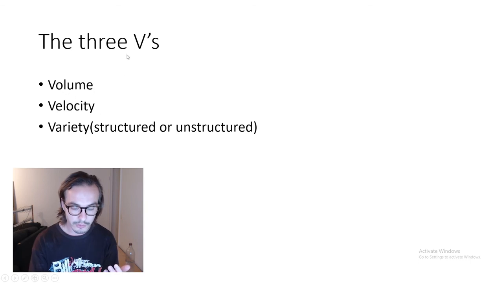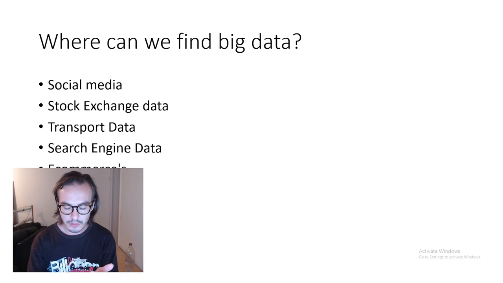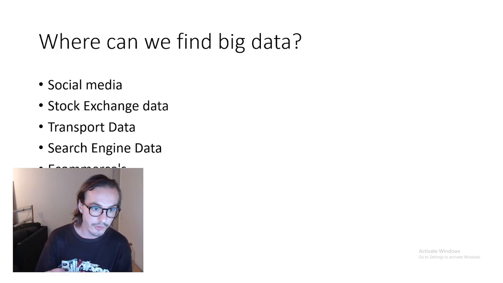We know that the volume is high because there are a lot of people. What about the variety? Well, there's text data, there's media files, there is, for example, user information. You have the age of the person, you have their names and so on, what posts they liked.